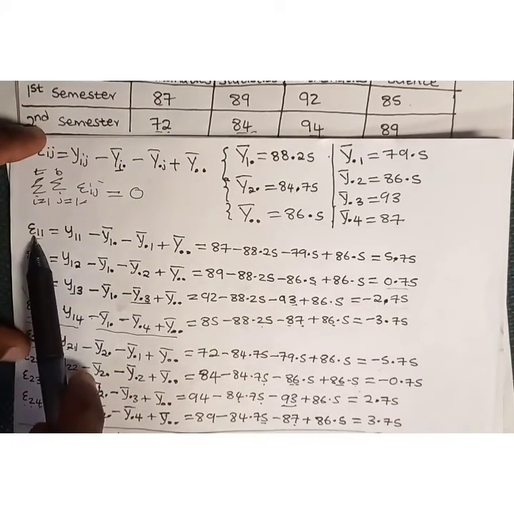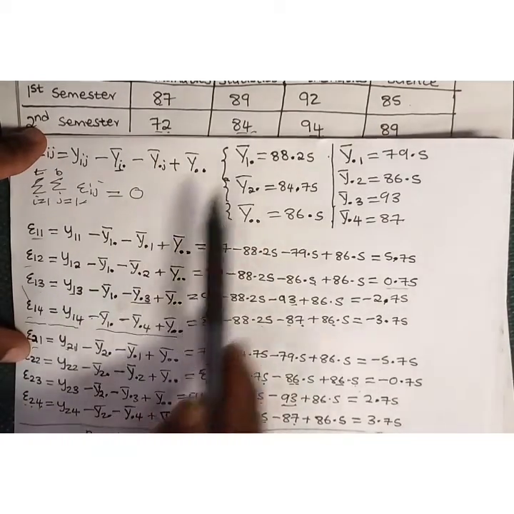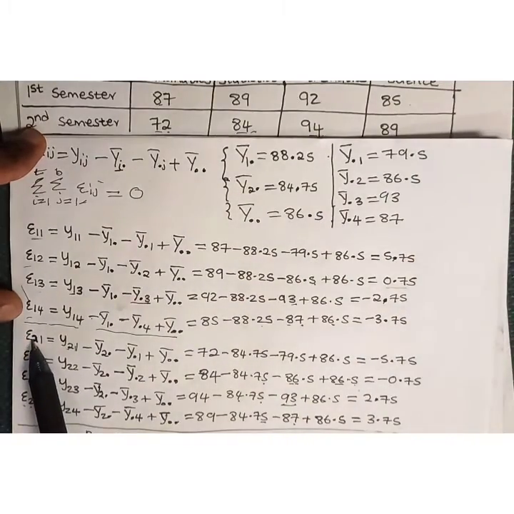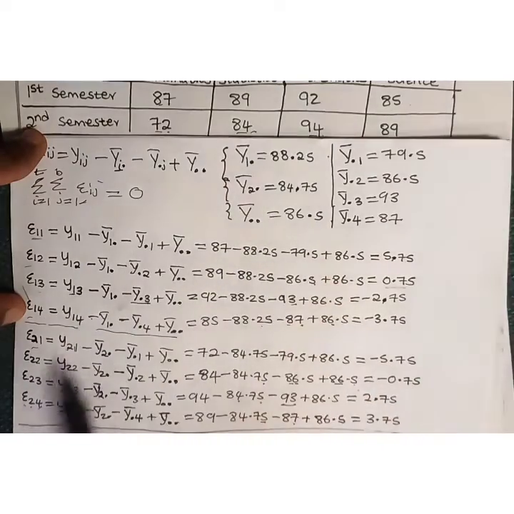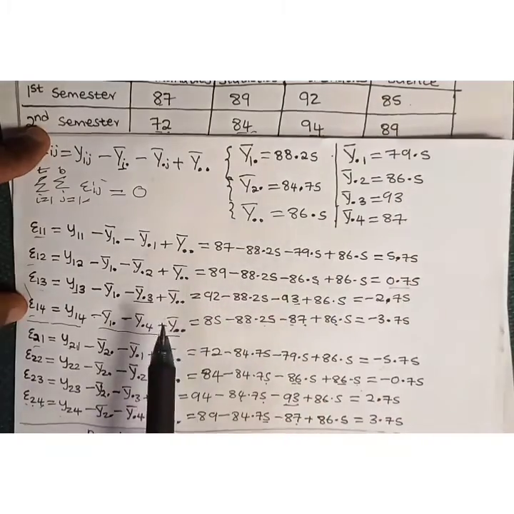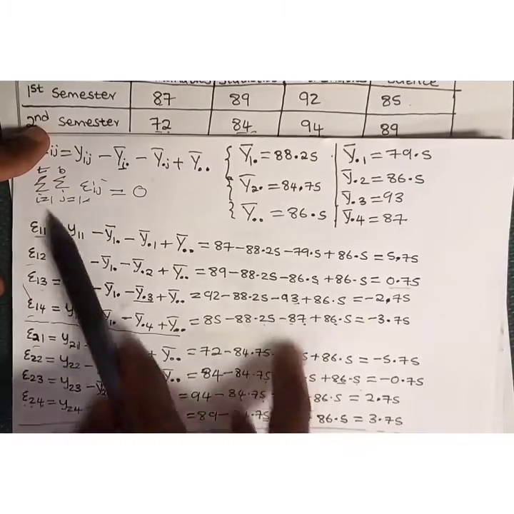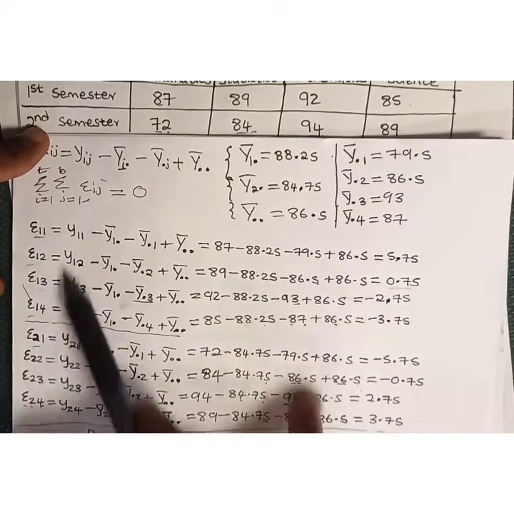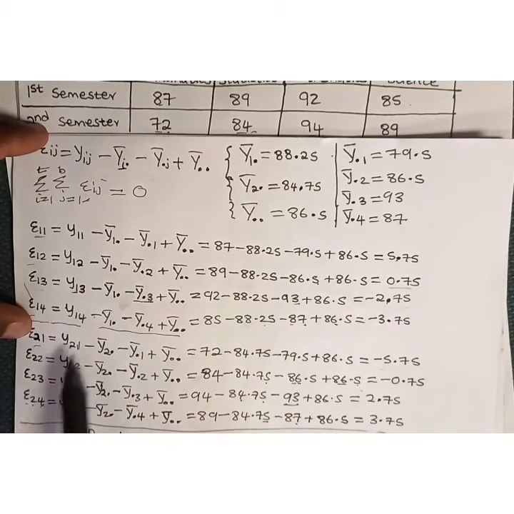So E11 goes with Y11, E12 Y12, E13 Y13, E14 Y14, E21 Y21, E22 Y22, E23 Y23, and E24 Y24, where our errors act as the independent variable, because these errors are independent or uncorrelated. So our response is the dependent variable.